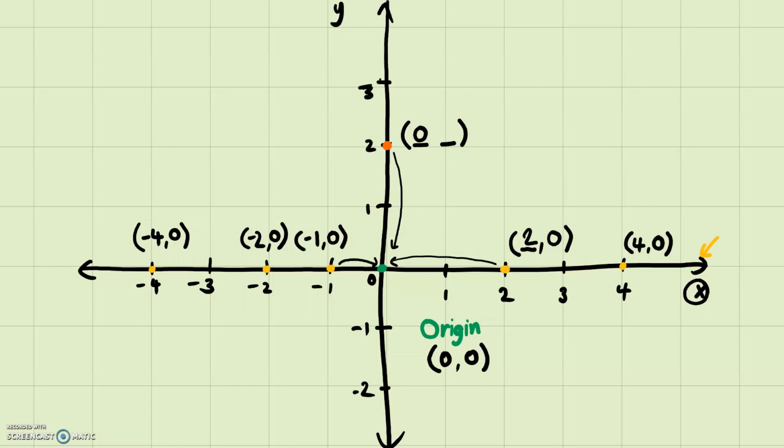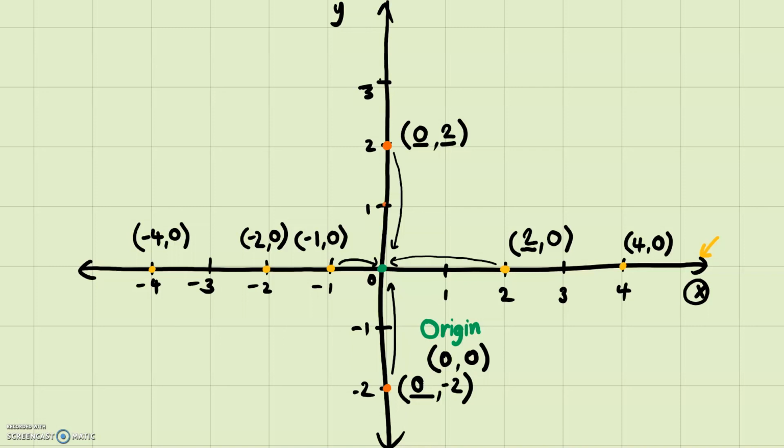The y-coordinate is 2. How about down here, this point? Again, the x-coordinate, you have to look at the horizontal line. The x-coordinate is 0, and the y-coordinate is -2. The vertical line, it ends up on the -2.